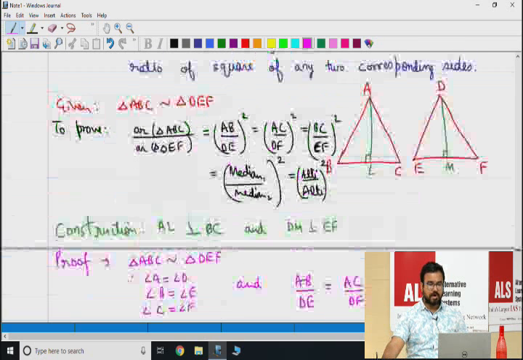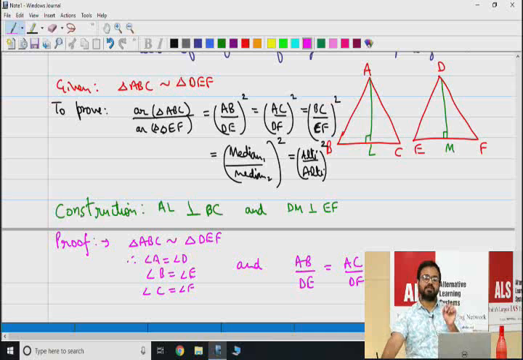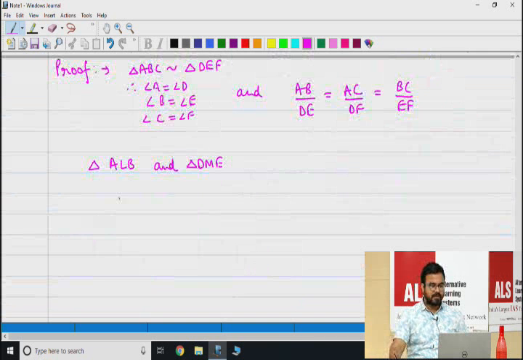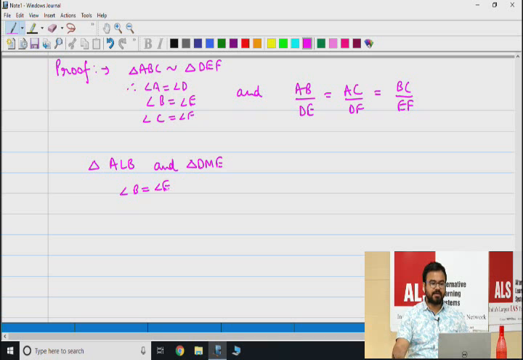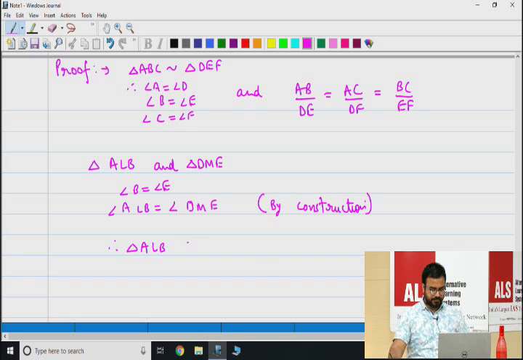Now how we can show that these two triangles are similar also, because in both the triangles one of the angles is 90 degrees by the altitude we have drawn and angle B is equal to angle E. It is given angle ALB is equal to angle DME. This is by construction. So we can say that these two triangles are similar. Therefore triangle ALB is similar to triangle DME.